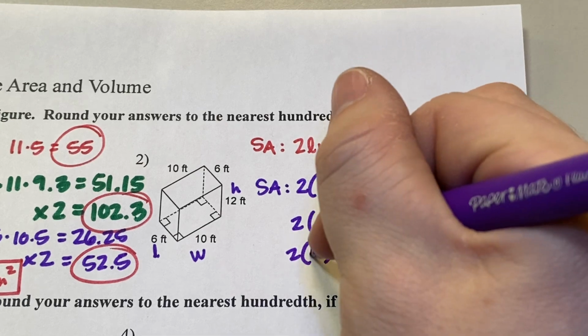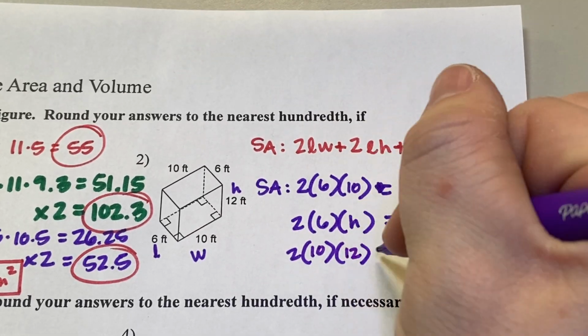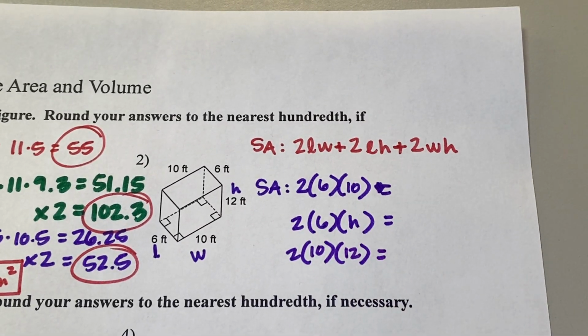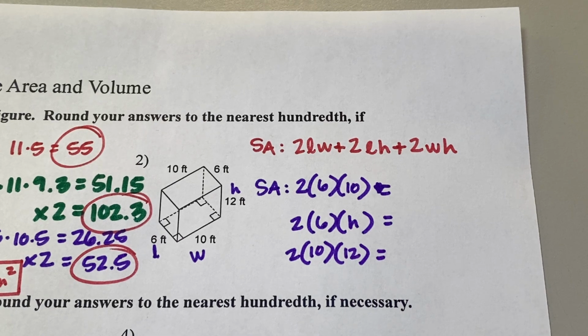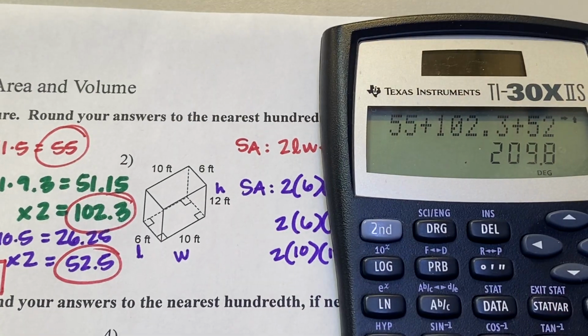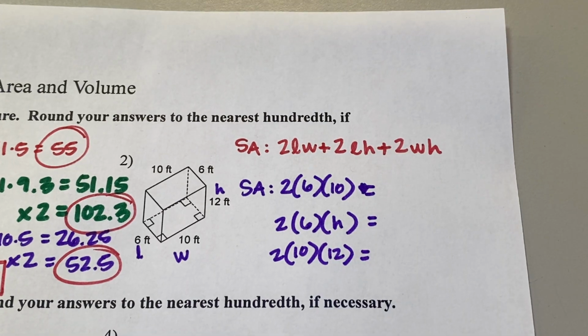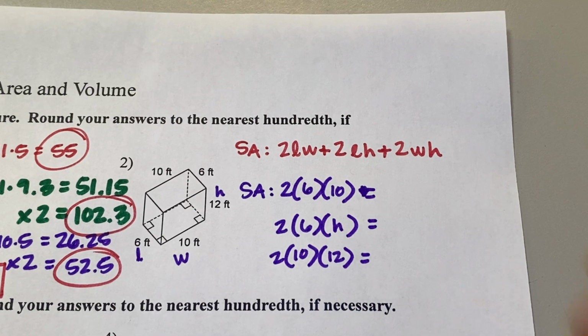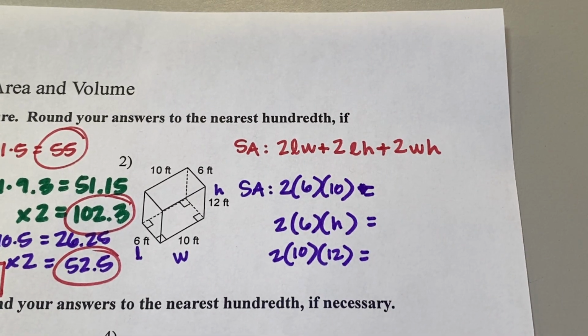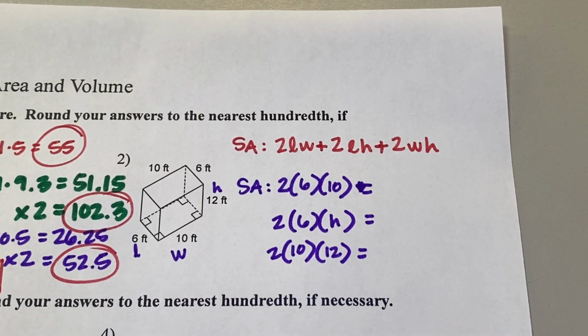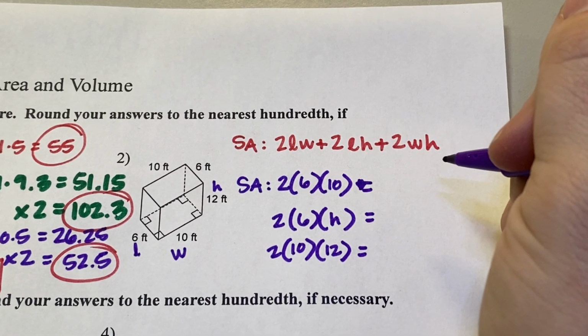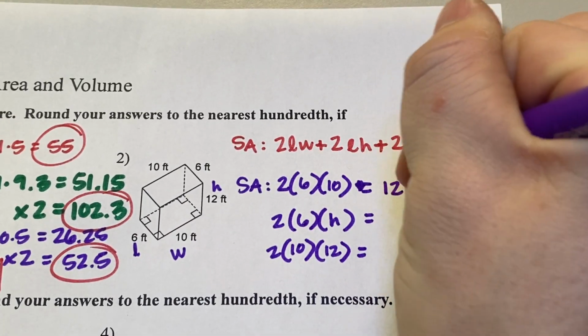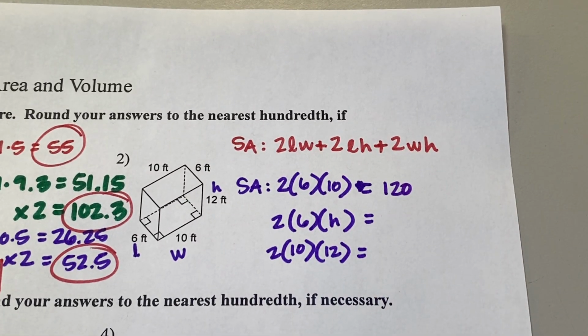Well, my width is 10, height is 12. Multiply all those guys. Figure out what we get. Okay, so let's take the first piece. 2 times 6 times 10. What's that gonna give me? 2 times 6 times 10, or 2 times 60. 120.